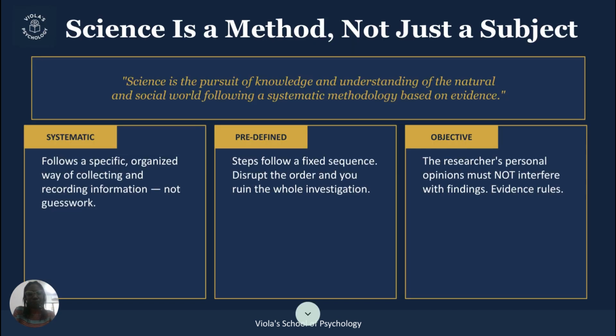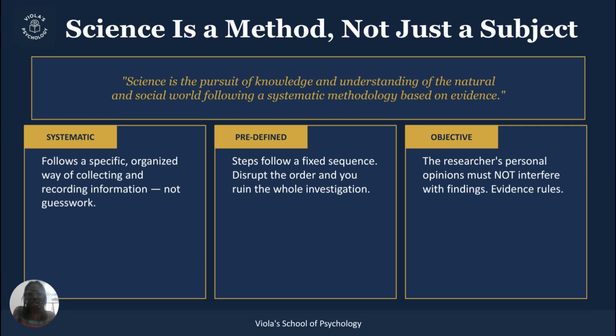Alright, so the first thing I need you to understand is this: science is not a place, okay? It is not a white lab coat, it is not a beaker and all those things you think science is all about. Science is a method, it's a way of thinking and investigating.